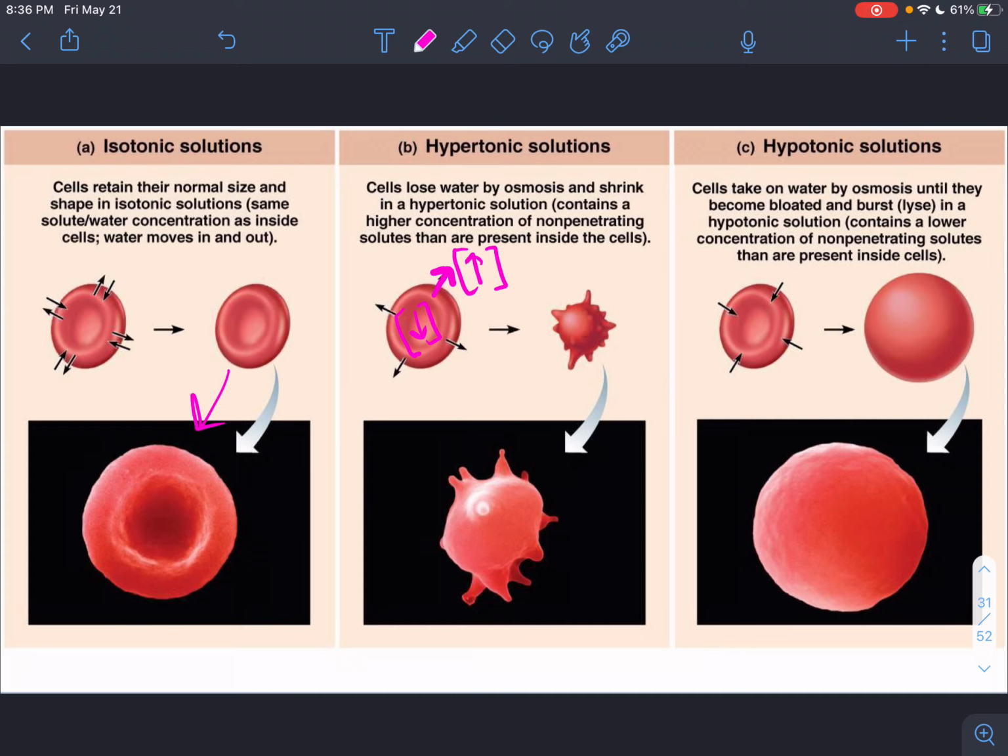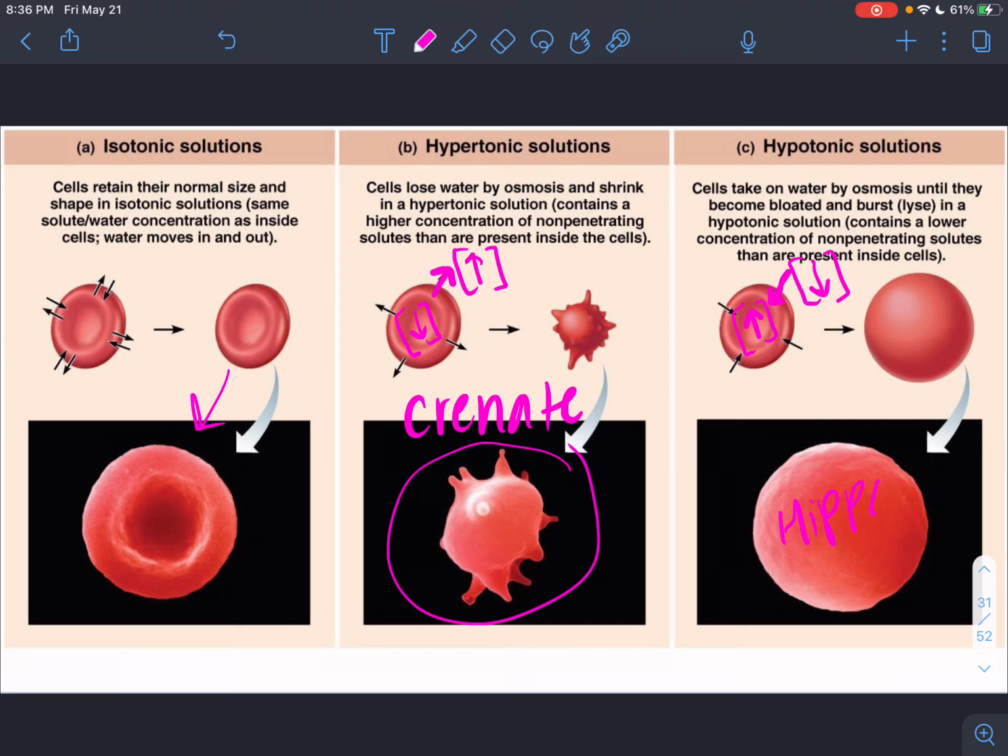So the cell is going to crenate or shrivel up, and this is what a crenated red blood cell looks like. Hypotonic is the opposite. We have a higher concentration of solute inside, a lower concentration of solute outside. Water is going to go into the cell to dilute that higher concentration. So the cell gains water, gets big and fat, think hippo, right? And eventually, if that cell gets big enough, it could burst, and that's called lysis.